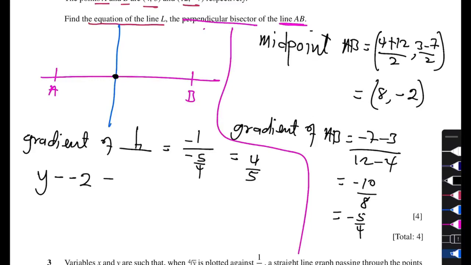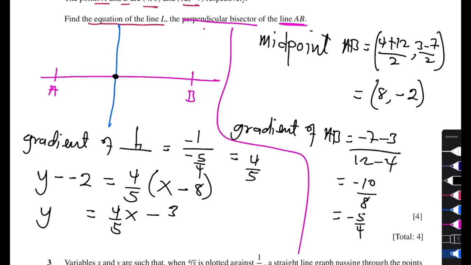So y minus minus 2 is equal to the gradient, which is 4 over 5 into bracket x minus 8. And this will give you y plus 2, right? But hold on. So this would be 4 over 5 x. And then this is 32 over 5, right?